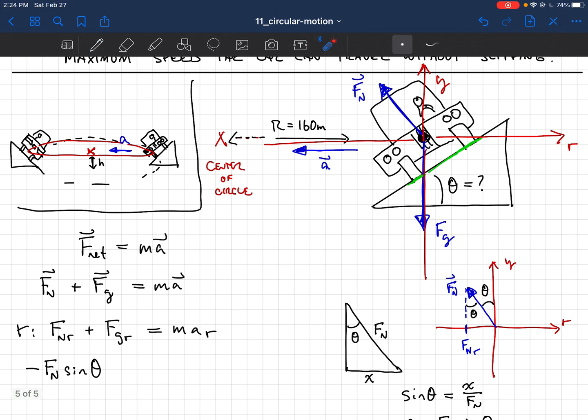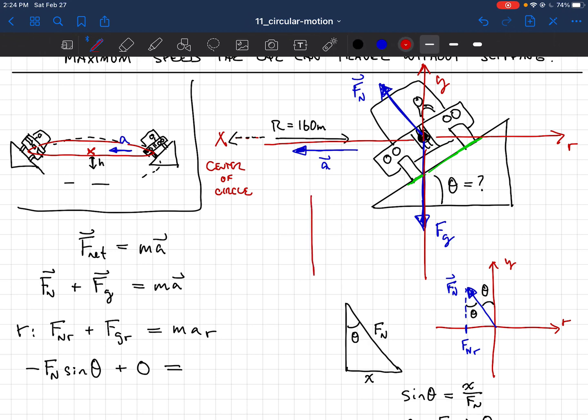What is FGR? Well, FG just points along the y-axis, so it has a 0 r component, so I write plus 0 for that. And then AR, well, A is a vector that points inward. It points in the negative r direction. In fact, that's the whole reason we chose the r direction as one of our components.